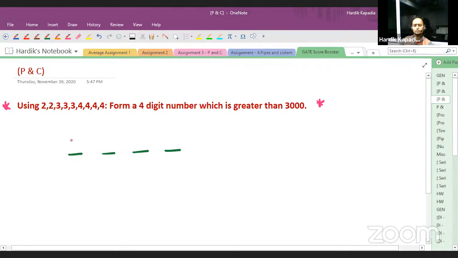So over here, it can be 3 or it can be 4. So this has to be in one way only. This has to be in one way only.